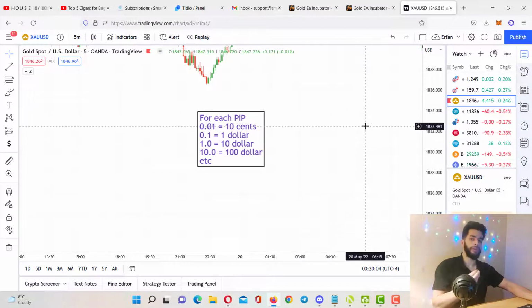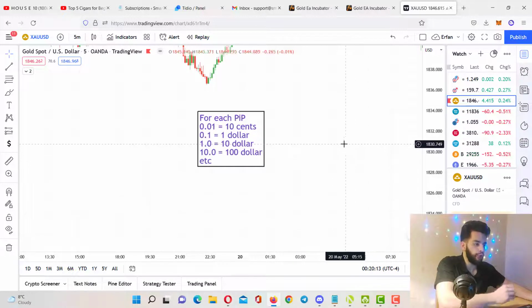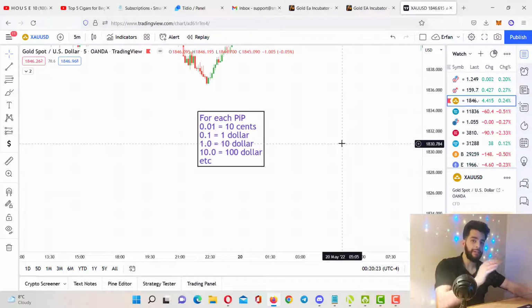Each pip means each move in different pairs. For example, let's say that gold is trying to go up from 1819 to 1830. The difference between these two numbers is the number of pips.